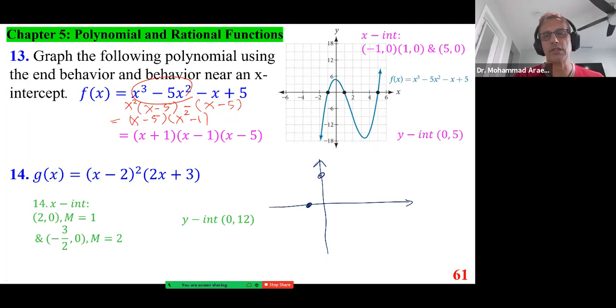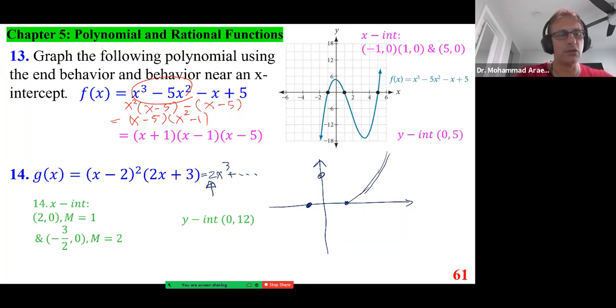We have 2, 0. And the end behavior is the same as the previous one because it is 2x cubed. I hope you realize this becomes 2x cubed. You don't even have to write the rest of them. What matters is you understand it's x cubed with a positive leading coefficient. And so it comes down here.